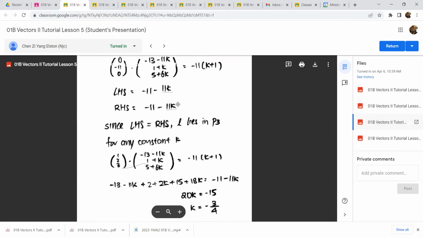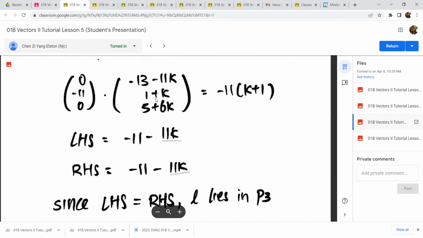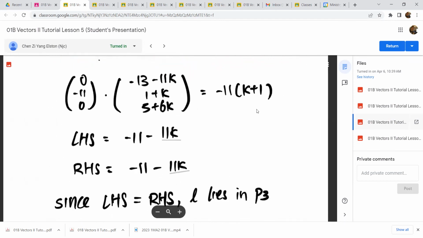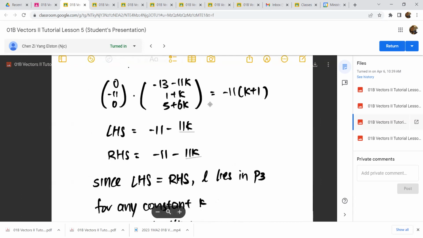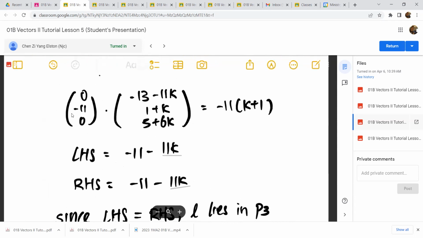Then finally, you see that it equals this. Now that I look at it, I realize you also didn't do the working for the evaluation. Because it's 0, you should write 0. 0 minus this plus 0, that equals -11 minus 11k equals the right-hand side.